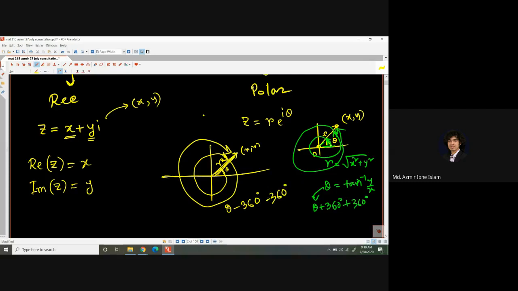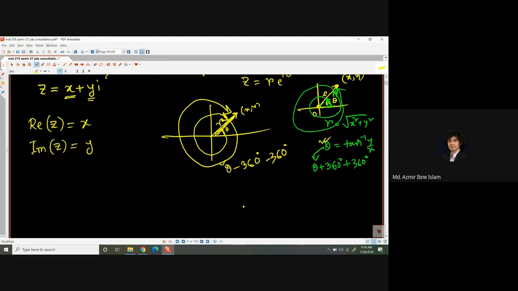So you can understand that this theta, the argument, which we write as arg, the argument of this complex number z, is actually theta. That is tan inverse of y over x.